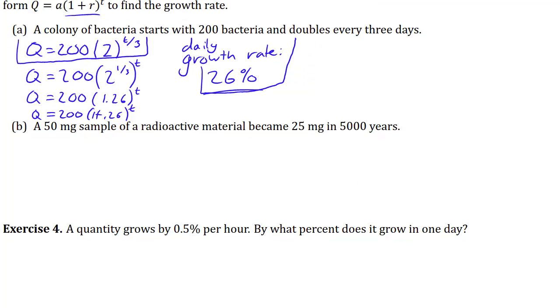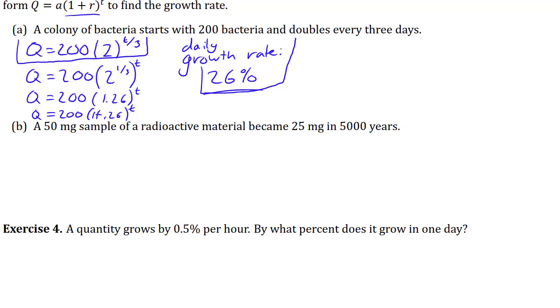So we have a radioactive material that is decaying. Every 5,000 years, it gets cut in about half. I think that's approximately the half-life of carbon-14, the stuff they use for radioactive carbon dating. So let's see. Going from 500 milligrams to 250 milligrams is getting cut in half.